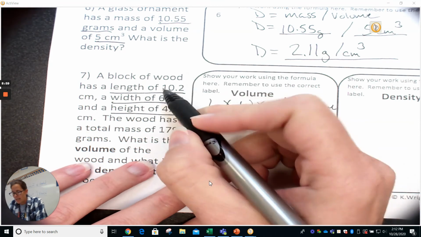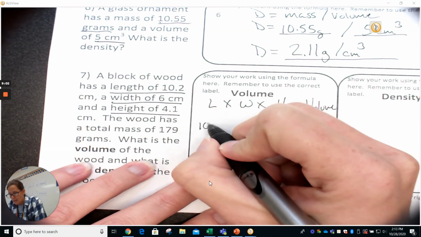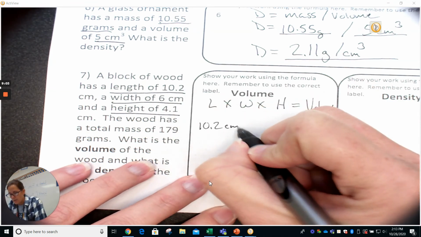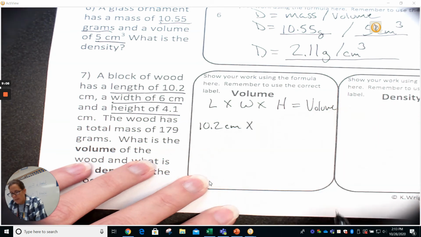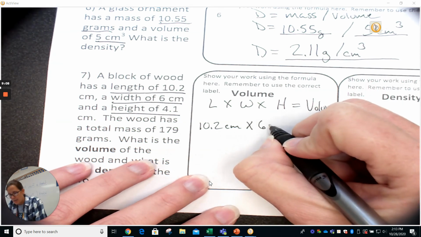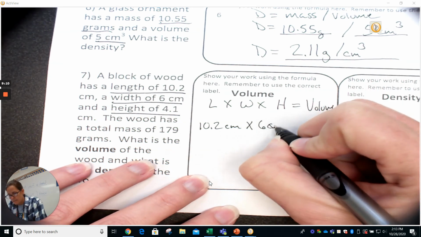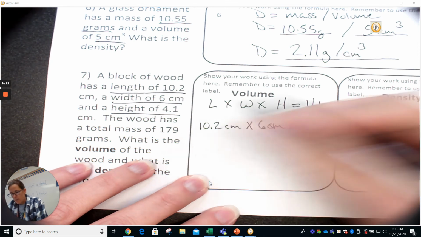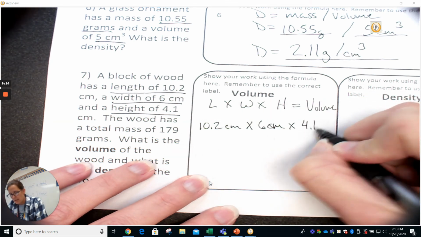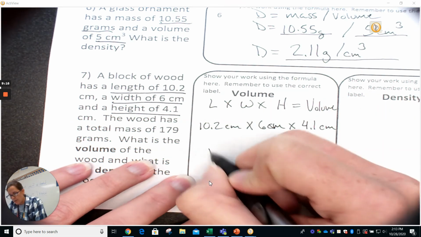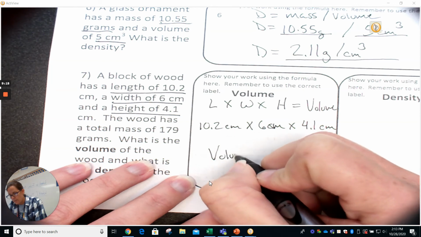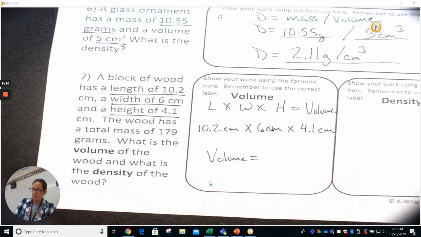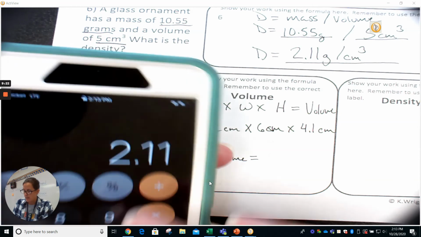Okay, so here we have our length is 10.2 centimeters times 6 centimeters, that's our width, times 4.1 centimeters. So our volume is going to equal, and I'm going to do this on my calculator.